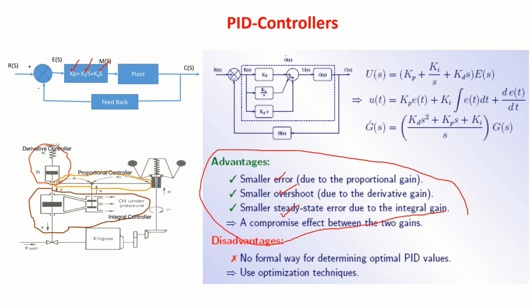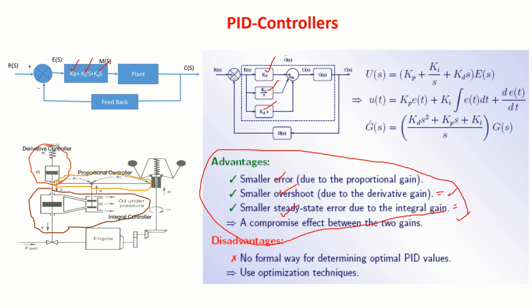So the whole idea is, what is the difficulty here? We understood only qualitatively what the effect of each of these controllers is. But now the question comes: what should be the values of Kp, Ki, Kd so that the system meets the required steady state error and the stated overshoot?